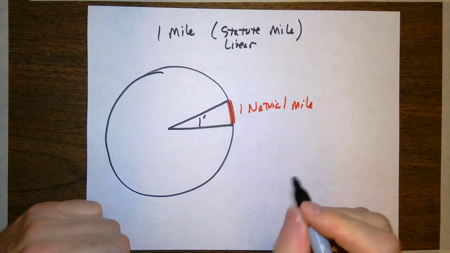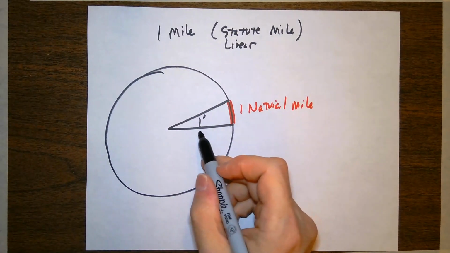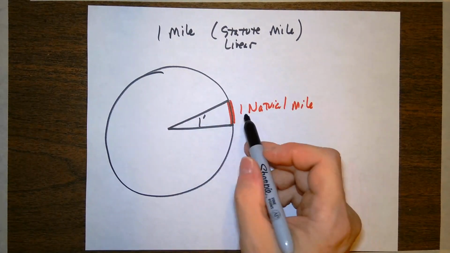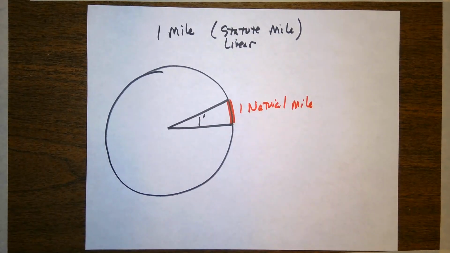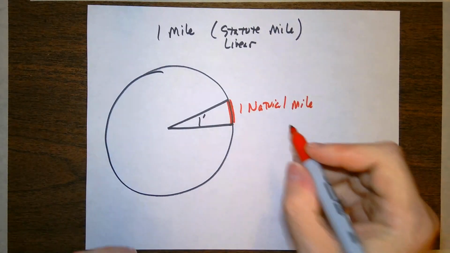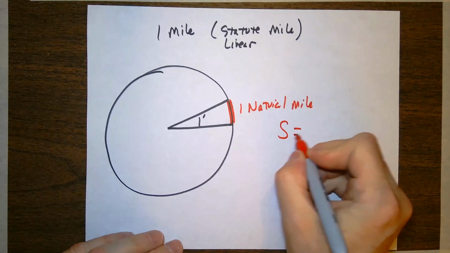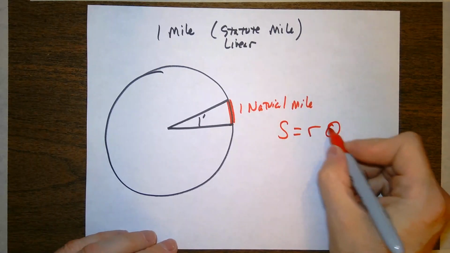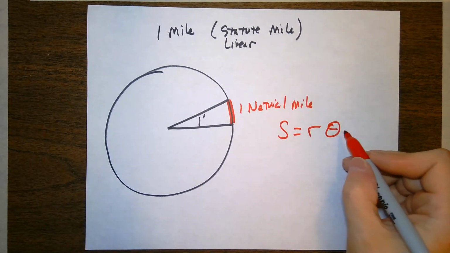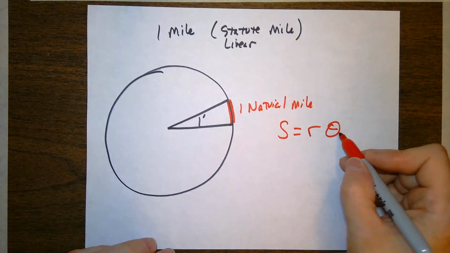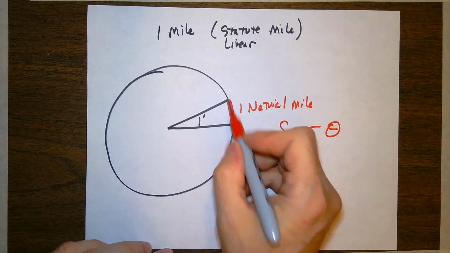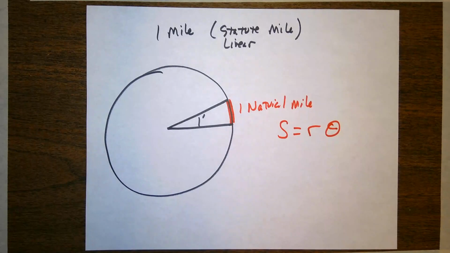The statute mile, think about it as flat, and the nautical mile is defined as the arc of a 1 minute angle. Remember, there's 60 minutes in every degree. So if I want to find the arc length using the formula, we know, again, the formula is the arc length is the radius times the angle, as long as the angle is in radians. So this arc length, how long is this in regular miles?